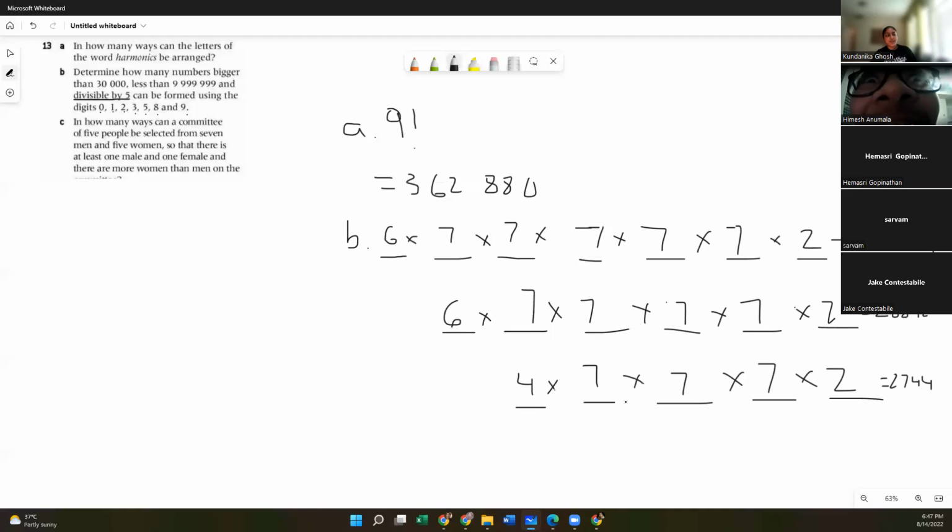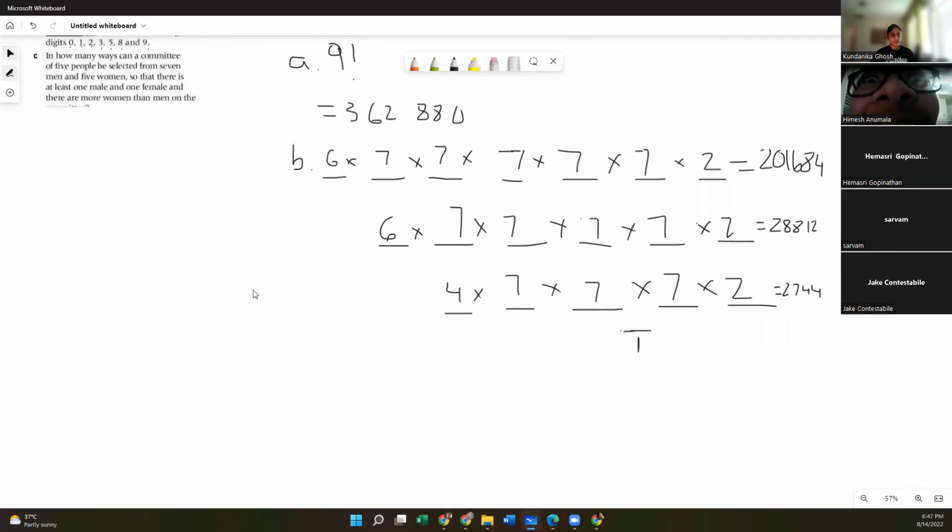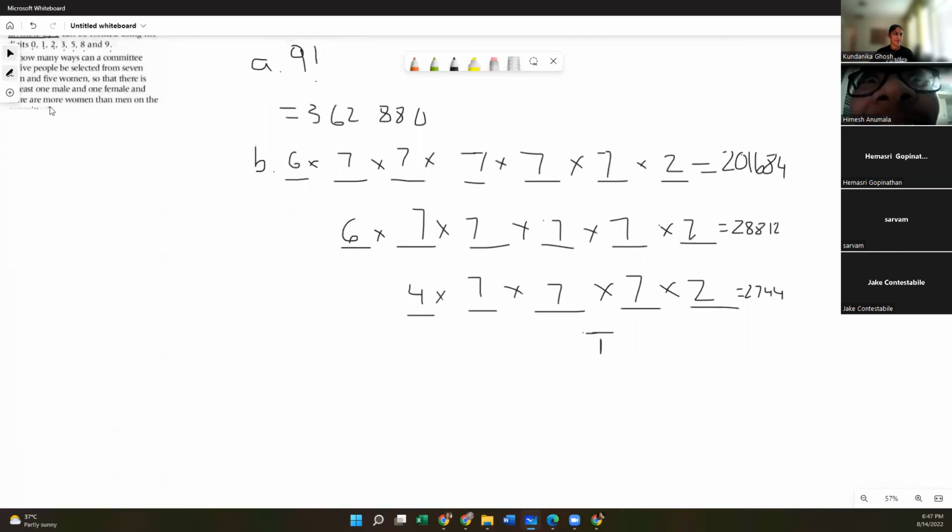And because the 4 options over here include 3, and the 2 options over here include 0, you can end up getting 30,000 from here, which means you have to subtract 1 total scenario out of every scenario that you can possibly have. Does everyone understand why? Speak now or forever hold your peace.